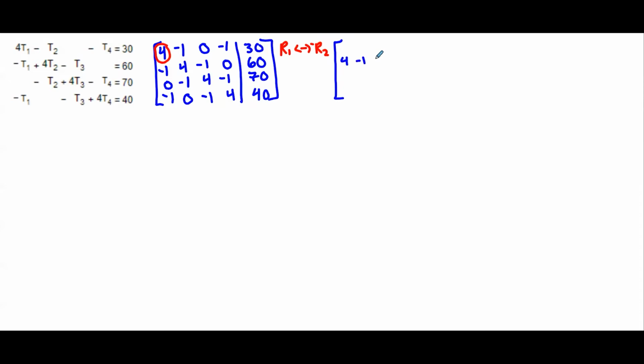So row 1 is going to go in row 2 spot, and the negative of row 2 is going to go in row 1 spot. Then the other rows stay the same.